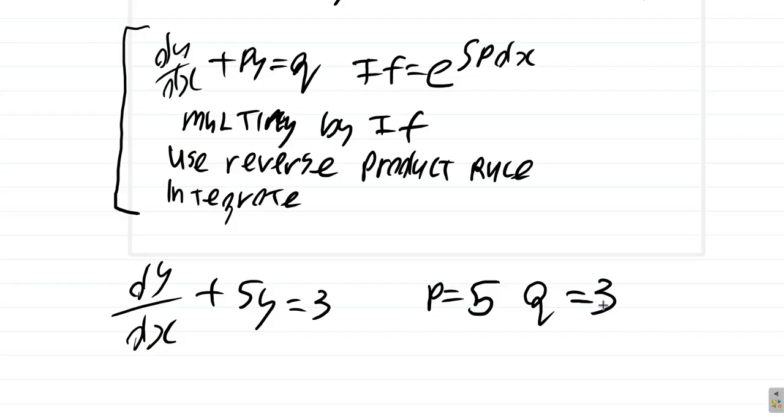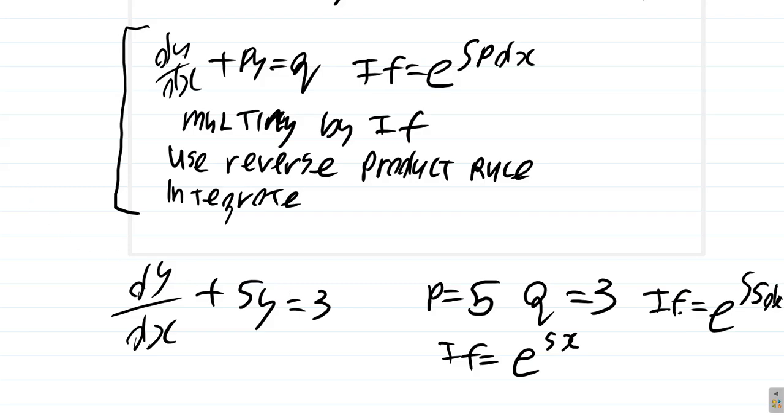Now, the integrating factor is e to the integral of 5 dx. So, the integrating factor then is e to the, when you integrate 5 with respect to x, you get 5x, right?